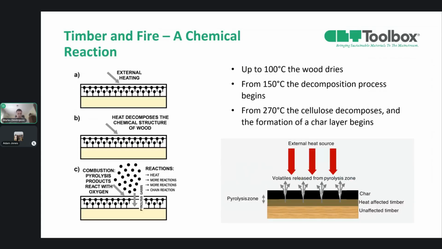The way fire works is that if we get up to a temperature of around 100 degrees, the wood dries up, and some of the moisture leaves at that moment. From 150 to 270 degrees, and sometimes this is stated as 300 degrees, the decomposition and formation of char begins, and then a self-sustained heat reaction occurs.